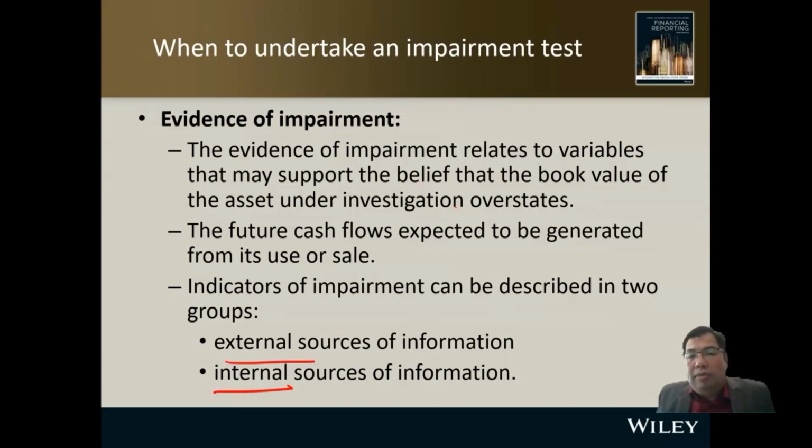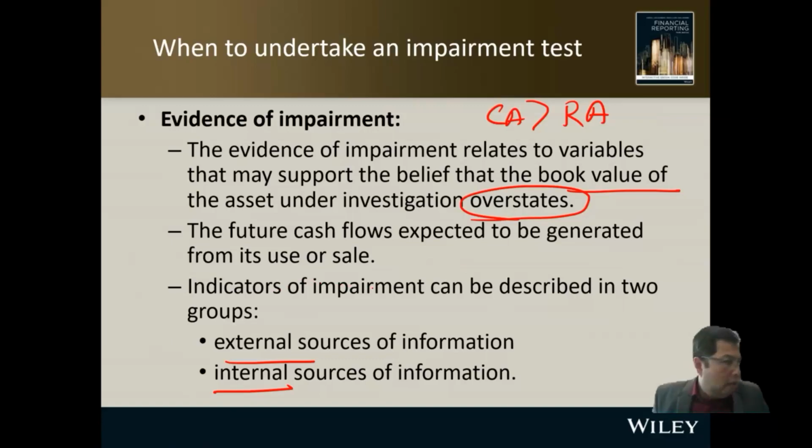The evidence of impairment relates to variables that may support the belief that the carrying amount of the asset is now overstated. Overstated, yeah. I'm talking about the carrying amount being greater than the recoverable amount, the future cash flow expected to be generated from its use or sale.